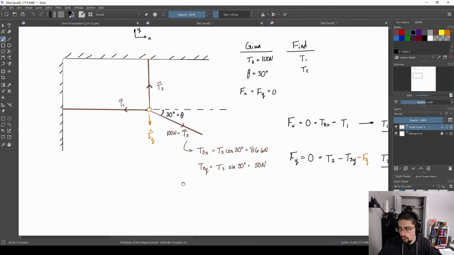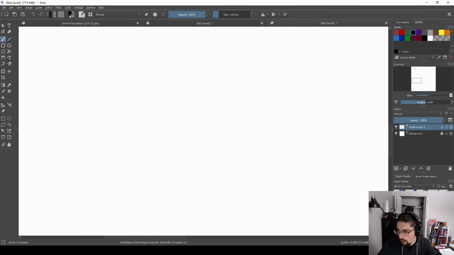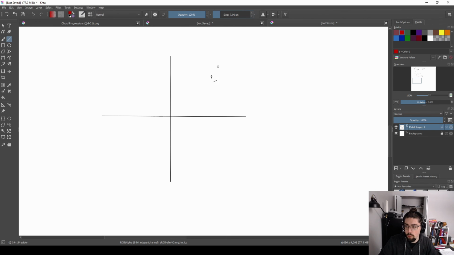Now, at some point or another, my program changed how I'm allowed to copy things over, and it copies things over as vectors. And again, this is technically a more professional drawing program, and I am certainly not qualified to be using it properly. So I'm going to have to draw this one out manually real fast. Hope you don't mind, but we can talk through these things. We have this one going down by 3. We have this one going over by 2.